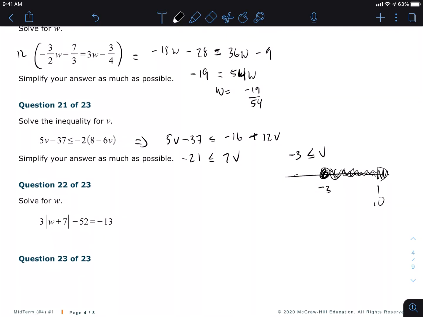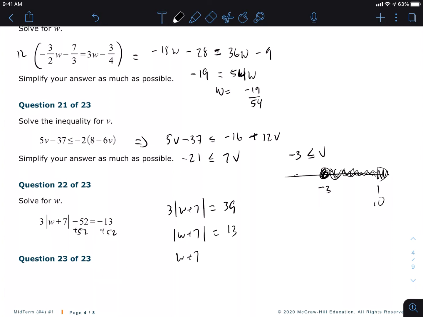Okay, this next example, the very first thing that we want to do is add 52 to both sides. And so I'm going to get 3 absolute value of 7w is equal to, what the heck is that? 52 minus 13 is 39. And then I'm going to divide by 3, so I'm going to get absolute value of 7w plus 7 is going to be equal to 13.